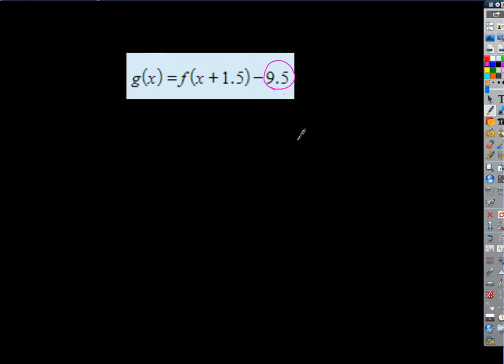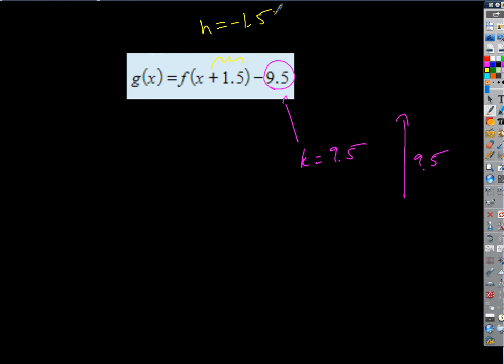So k equals 9.5. That's telling us up 9.5. What's h? It's negative, isn't it? This is telling us right here that h is equal to negative 1.5, because that's what I just subtracted.